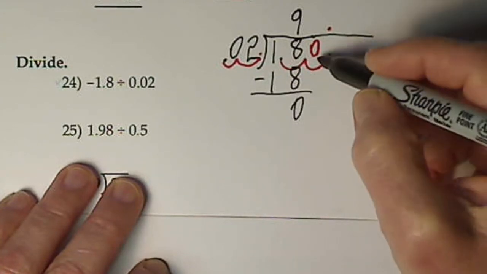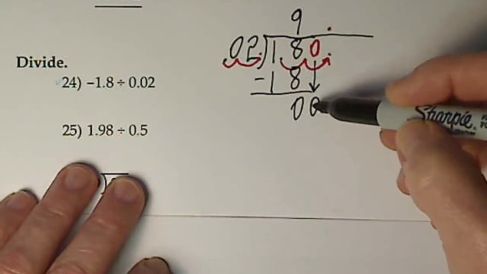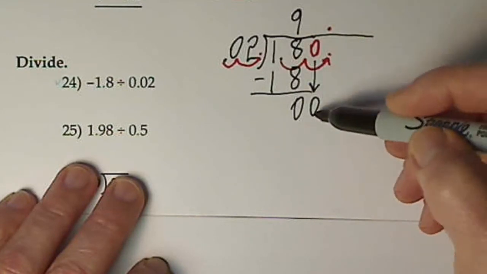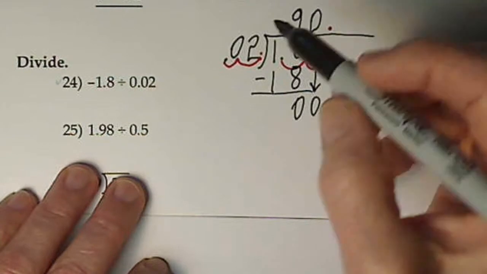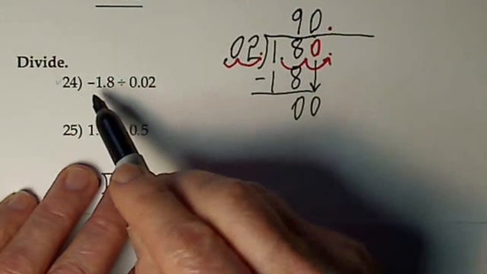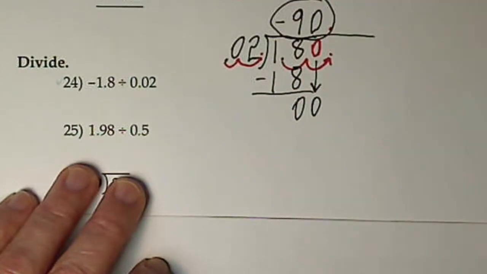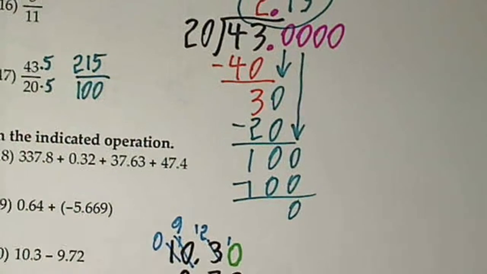Nothing left over, but you have to use up all your digits. So you bring down your 0. Every time you bring down a digit, you have to ask and answer, how many times does 2 go into 0? 0 times. And remember, we had negative divided by a positive, so our answer is negative 90. All right. Next, we'll take a look at, let's see, that was 24.